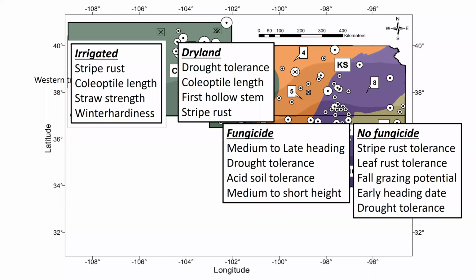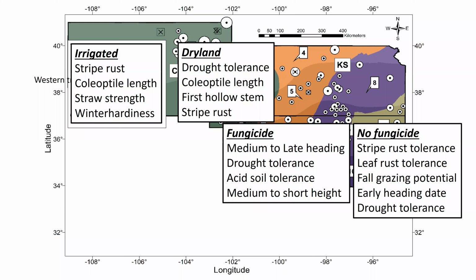Interesting here, if we were applying fungicide, those varieties that were medium and late were more successful. If we were not applying fungicide, an earlier variety with good stripe and leaf rust resistance became successful. So that tells me that probably we're not only escaping the heat with those early varieties, but we're also escaping some of the disease pressure if we're selecting some earlier varieties.